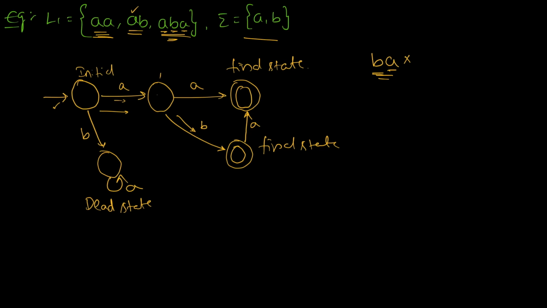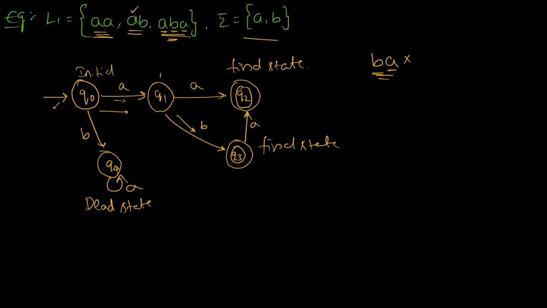Now check whether each state has a transition over every input symbol. Let's say the initial state is Q0, this is Q1, this is Q2, Q3 and Q4.